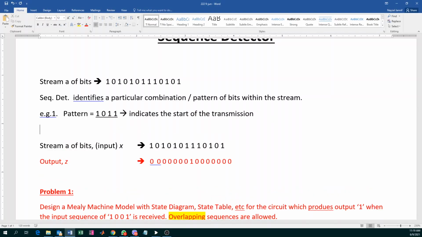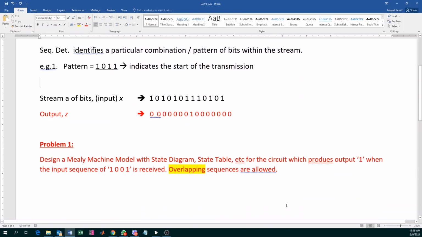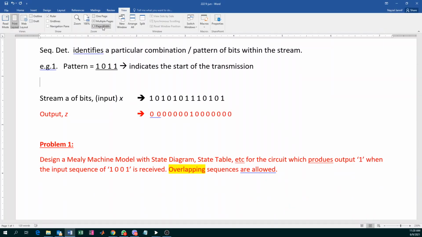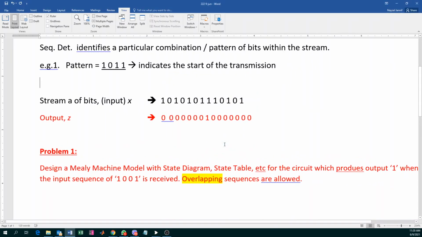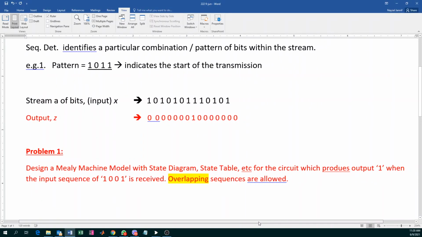What if in example 2 the pattern was 1 0 1 0? So if you look at it over here, this 1 0 1 0, I hope you can see me highlighting.